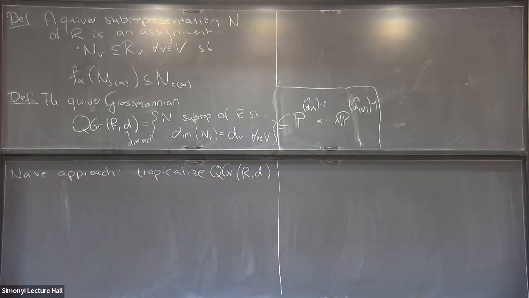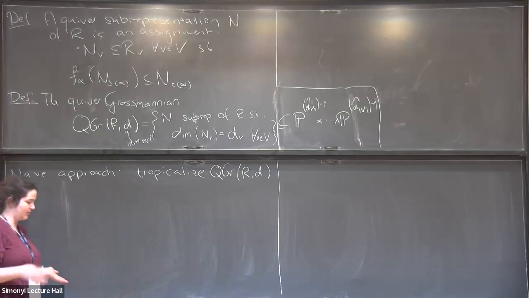And this space turns out to be a tropical variety that parameterizes tropicalizations of linear spaces that satisfy these conditions imposed by linear maps. However, it does not parameterize every tropical linear space that comes from a matroid, because not every tropical linear space is the tropicalization of a linear space.